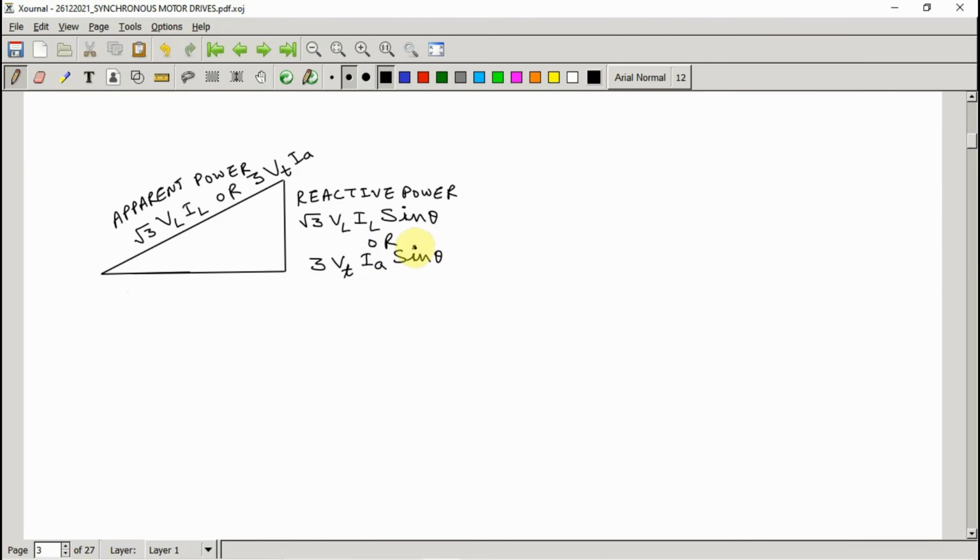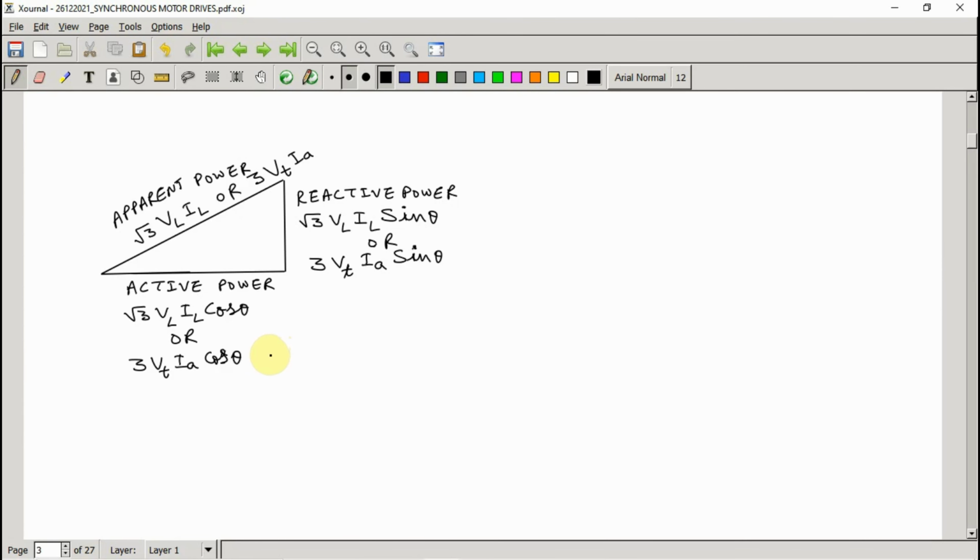Likewise, the base is known as active power. Active power can be written as root 3 VL IL into cos theta, or you can also write this as 3 VT into IA into cos theta, where theta is the phase angle between phase voltage and phase current.